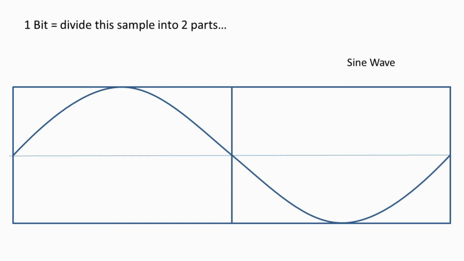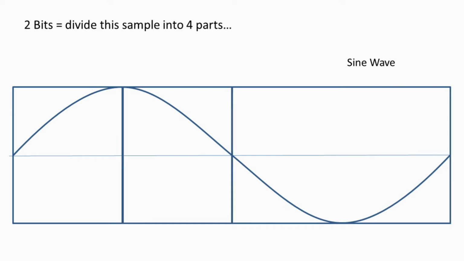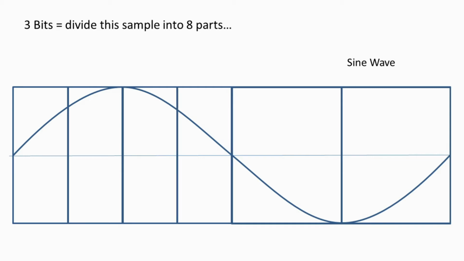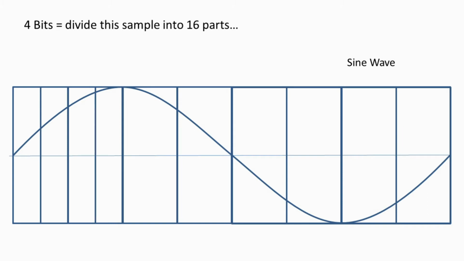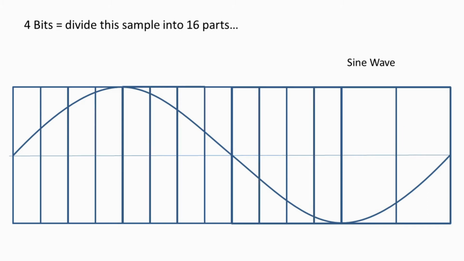So I'm going from 2 to 4 pieces in the complete sample. So now I can divide it up like this. And if I go to 3 bits, I do division again, and each time I divide, I get a smaller part. At 4 bits, I have 16 pieces in the sample. And this will of course increase as I go along.